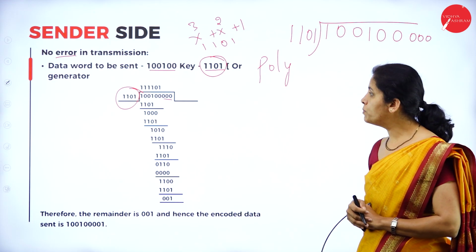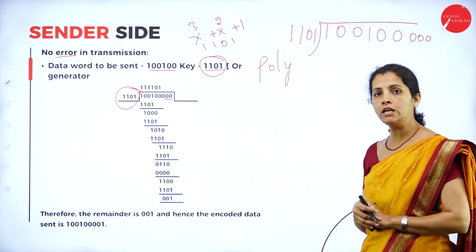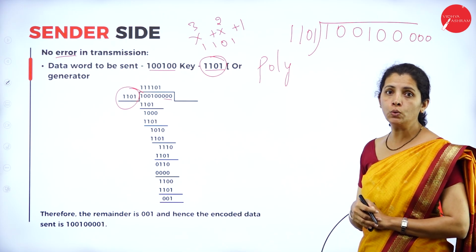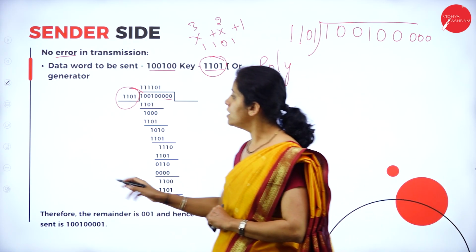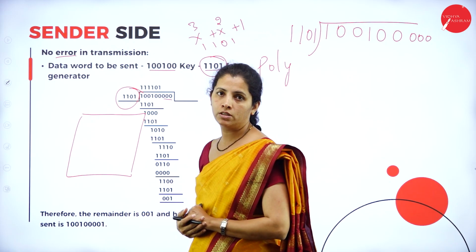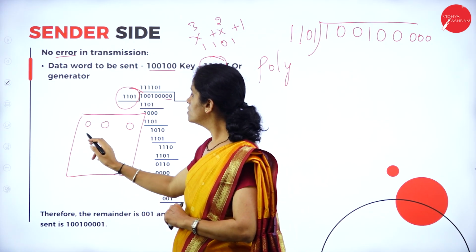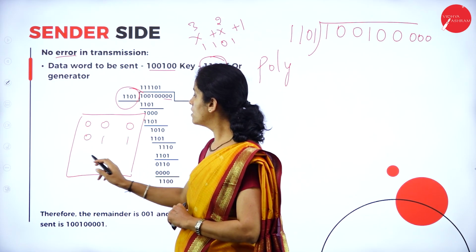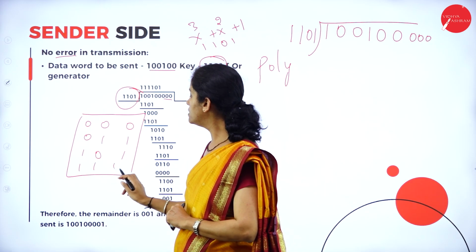Now what do I want to perform? I want to perform binary division, mod 2. To perform mod 2, what do I want to remember? I want to remember the XOR gate truth table. 0 0 is 0, 0 1 is 1, 1 0 is 1, 1 1 is 0.